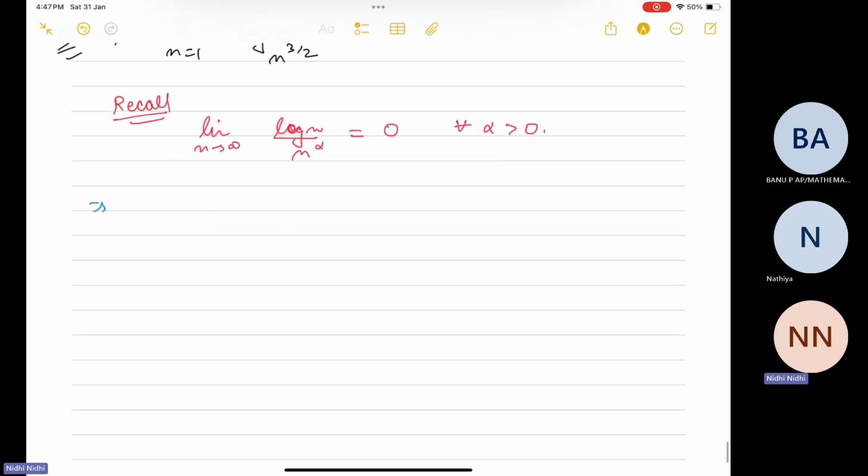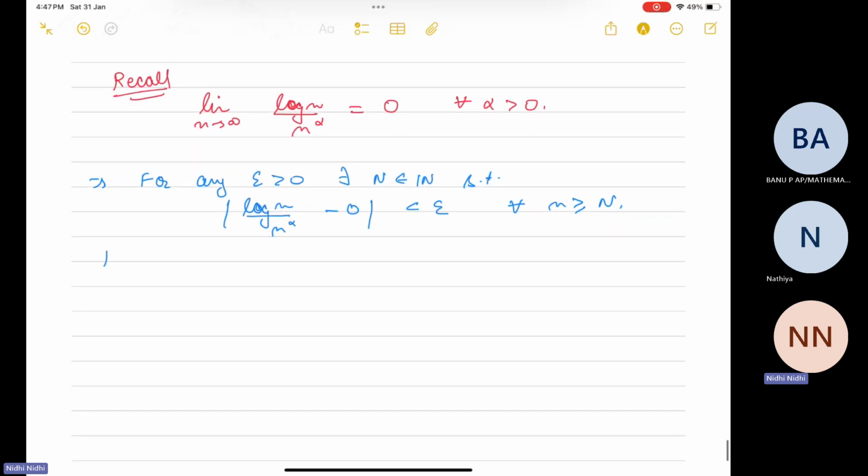This implies, by the definition of limit of a sequence, for any epsilon positive, there exists a natural number N such that mod log n upon n to the power alpha minus 0 is less than epsilon for all n greater than equal to capital N. Now, if I take this epsilon to be 1, I will get some natural number, which obviously depends on epsilon.